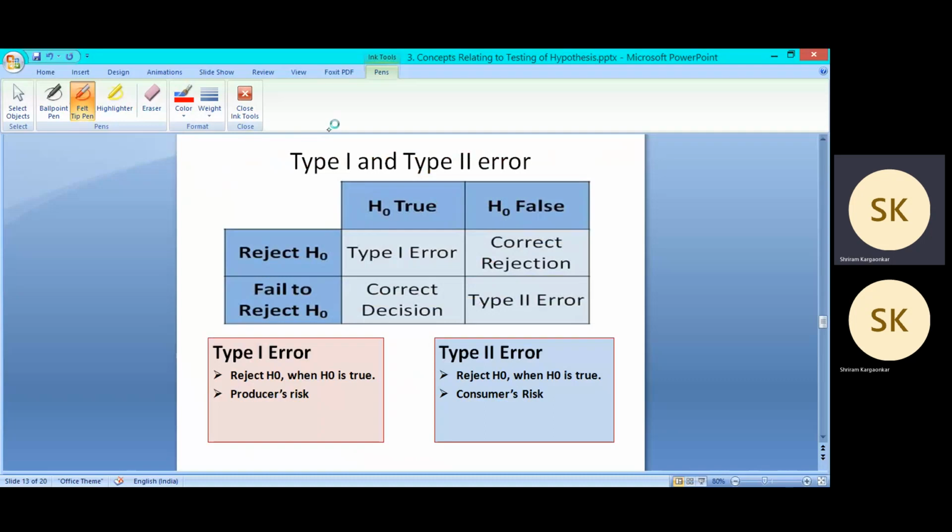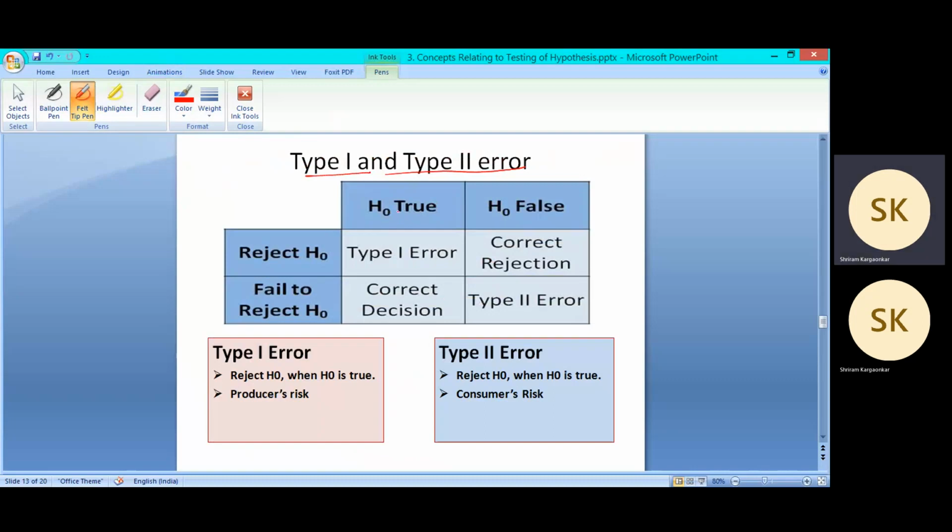Now, type 1 and type 2 errors. This is very interesting. In testing of hypotheses, there are two types of errors possible. Consider this: imagine a situation in front of you.